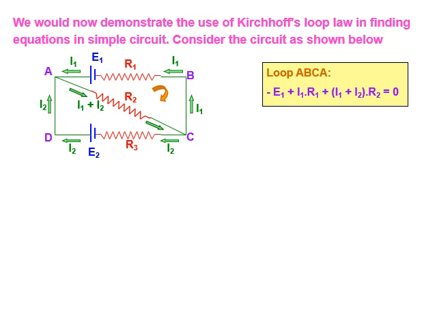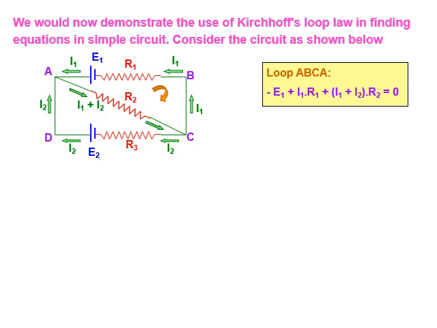Now, let's apply. While moving from A to B, we move from the positive to the negative terminal of the battery. So, I will take it as minus E1. Now, the next one, the current I1 is flowing. That means I am traveling in the direction opposite to the current. So, I will take I1 R1 as positive.